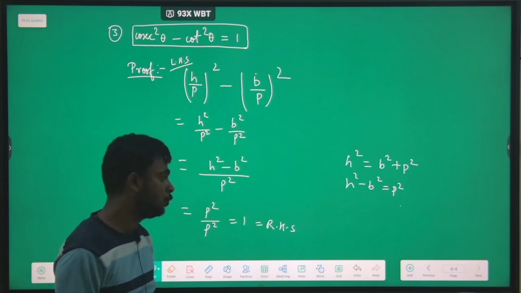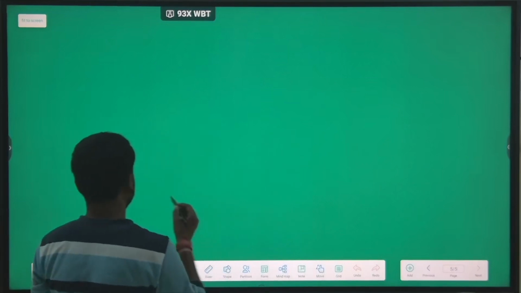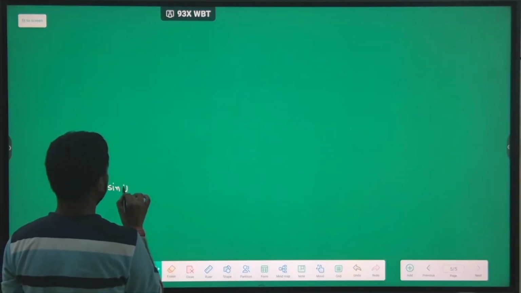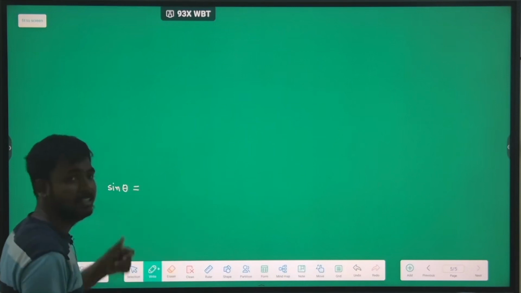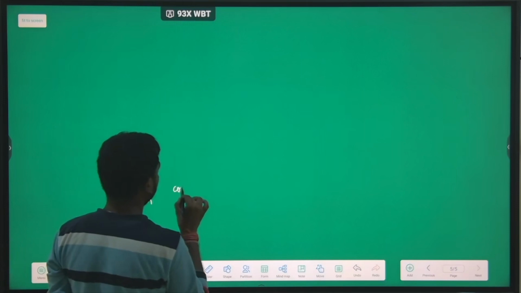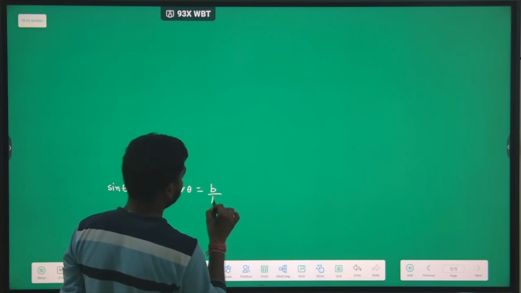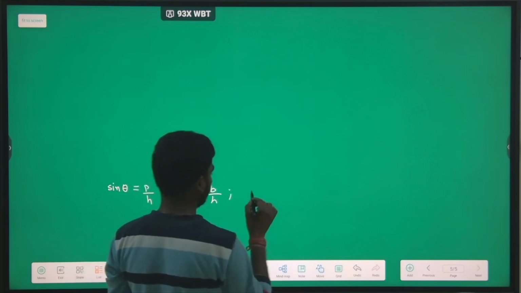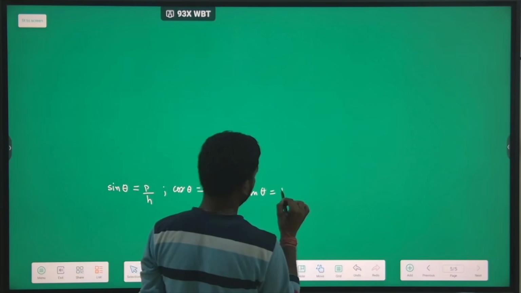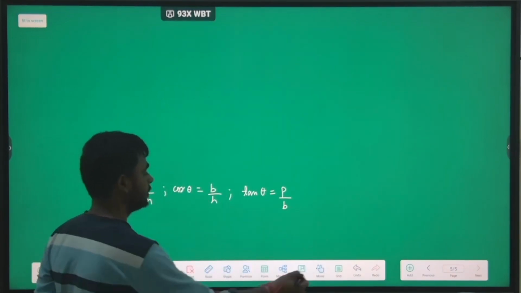Okay. So what we have learned till now? We have learned that sine of angle theta is equal to P upon H. Cosine of angle theta is equal to B upon H. Tangent of angle theta is equal to P upon B. We have learned these three.